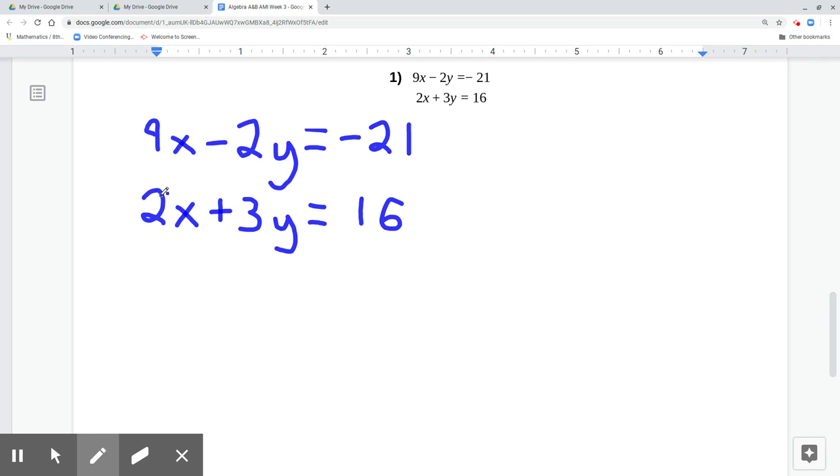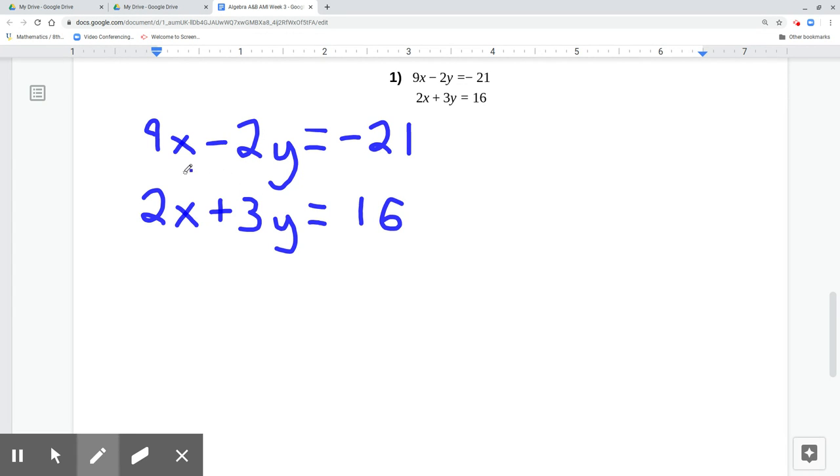For example, if I could turn 2 into 9, but I cannot. Or if I could turn one of the y values into the other y value. Now, since that case is not what's happening here, what I'm going to do instead is multiply both equations by a number to make either the x's or y's have the same number.